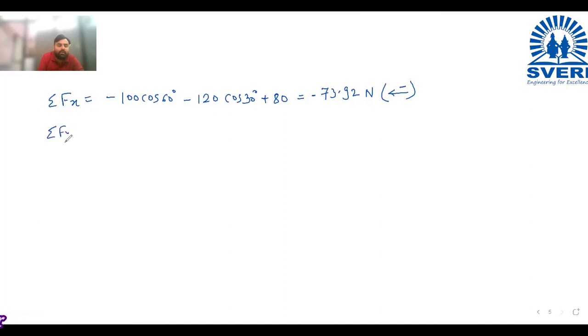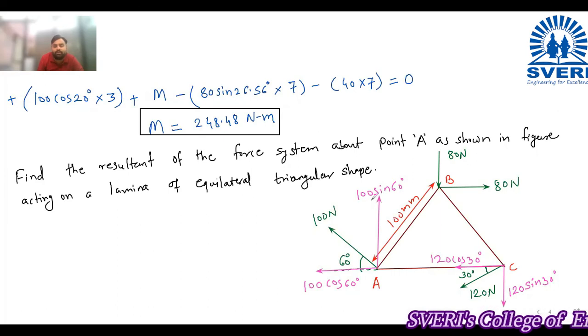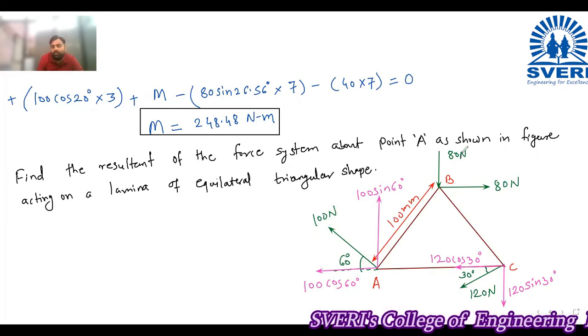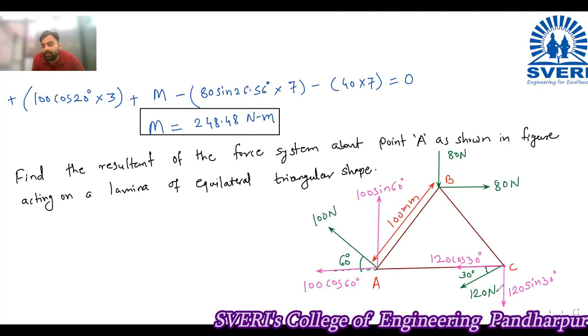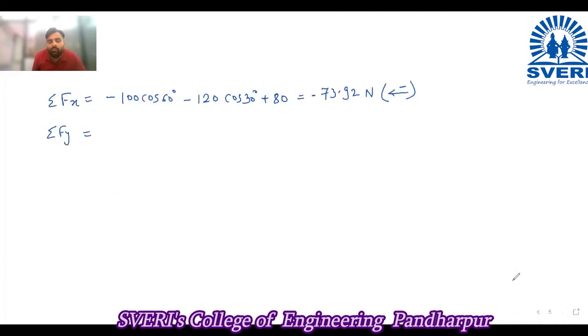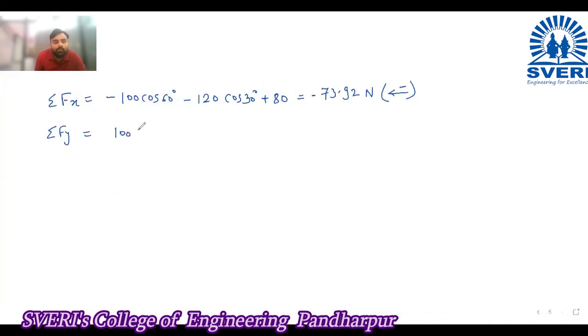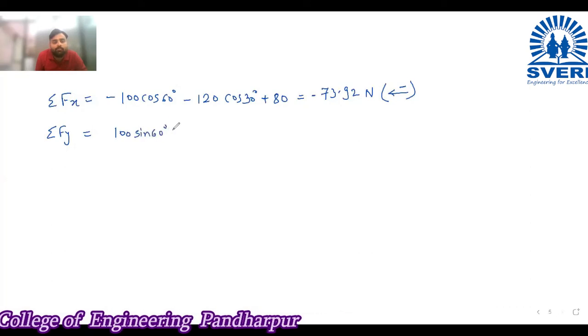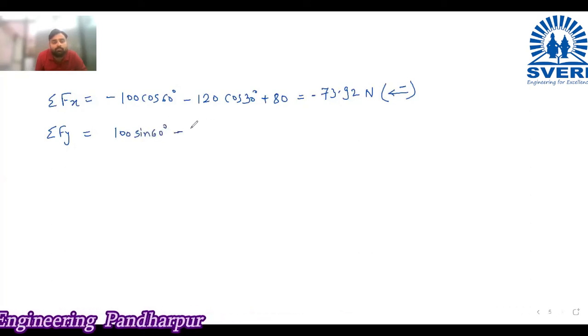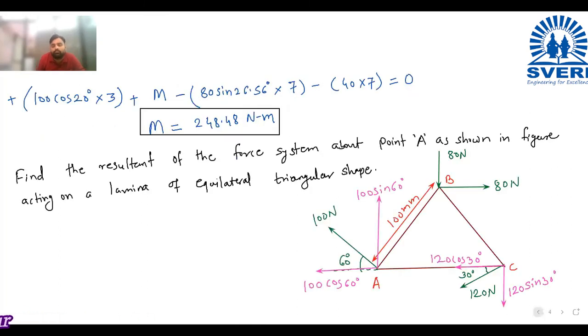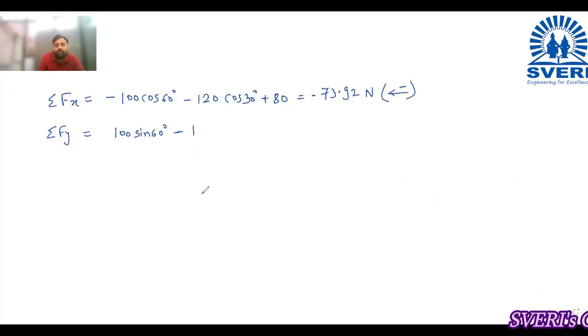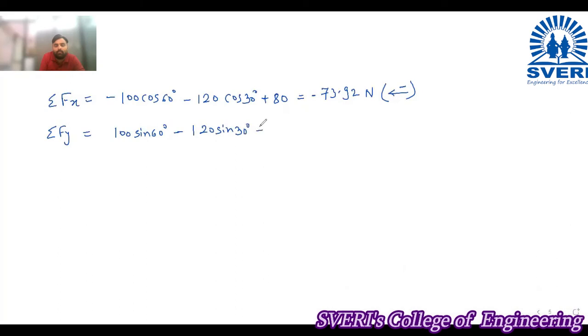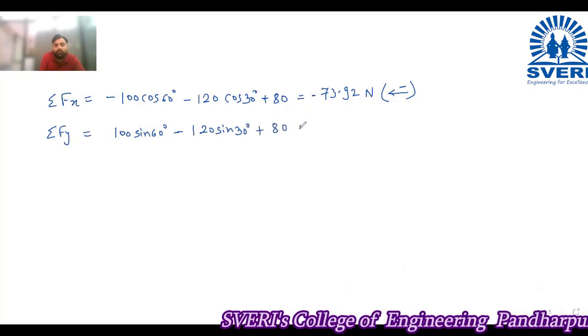Now calculate summation fy similarly. In summation fy, consider all vertical forces: 10 sin 60 moving up is positive, 80 moving up is positive, and 120 sin 30 is negative. Minus 120 sin 30 plus 80.